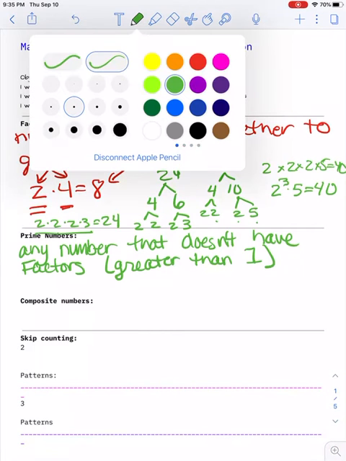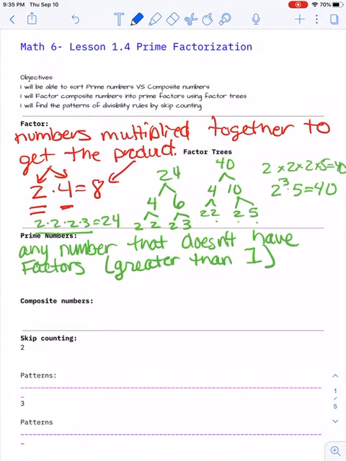So for instance, my prime numbers would be 2, because that has no factors, 3, 5, 7, 11, 13, 17, 19, 23. Those are all prime numbers. I said they don't have factors.